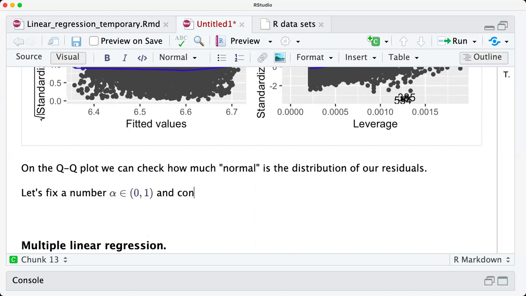And consider the alpha quantile, alpha percentile probably, of the residuals. It is a number, let's call it R alpha.